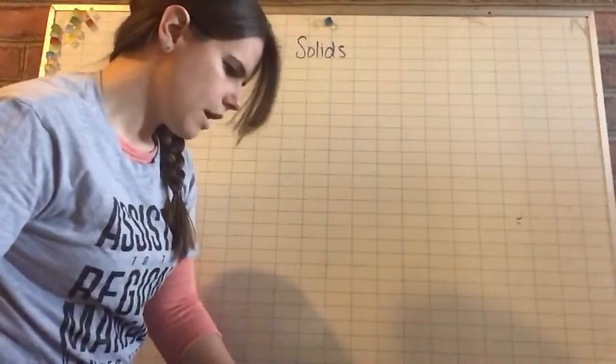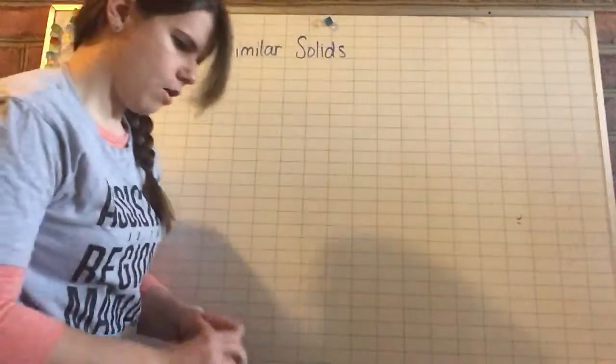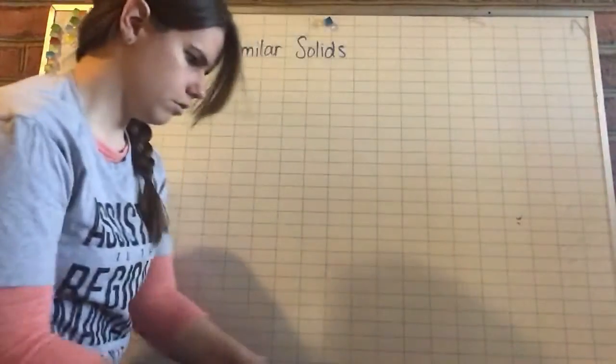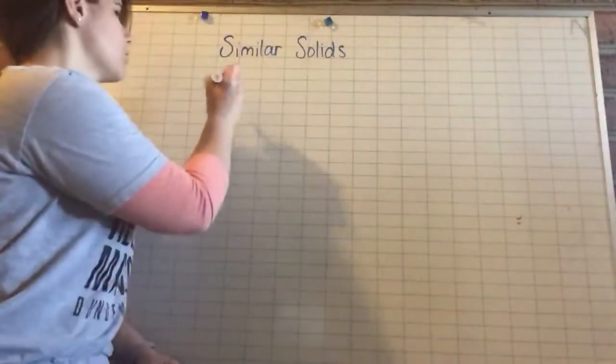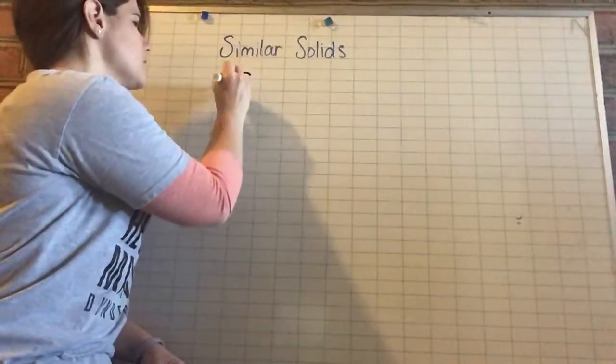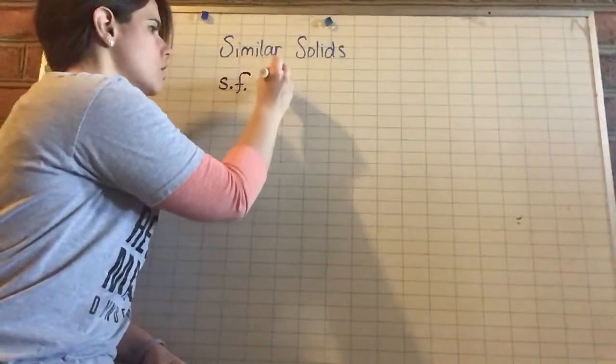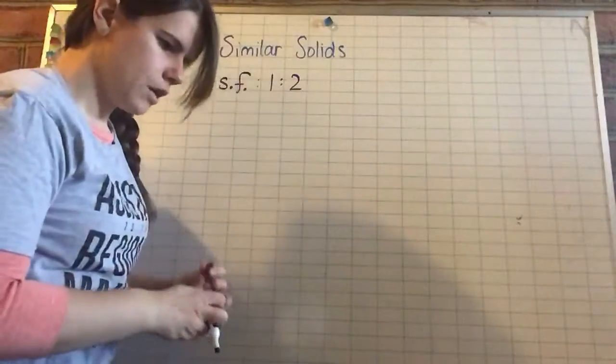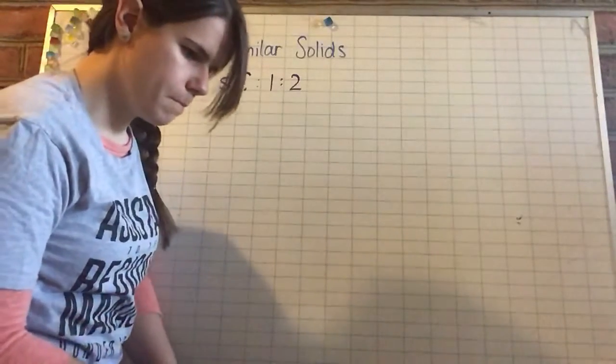All right, so now I'm done drawing shapes. Whew. If I give you the next problem, I tell you that my scale factor for a certain shape is 1 to 2, okay?